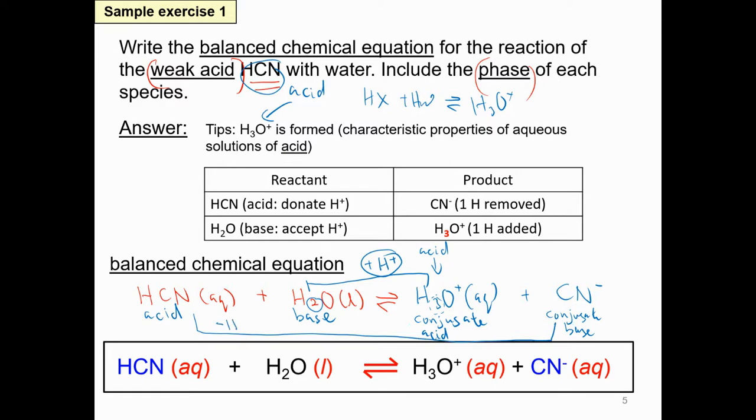So this one donates a proton. You see here, there's 1 hydrogen here, and after the reaction, there's no more hydrogen. So the acid-base conjugate pair is easy. Acid, conjugate base. Base, conjugate acid.